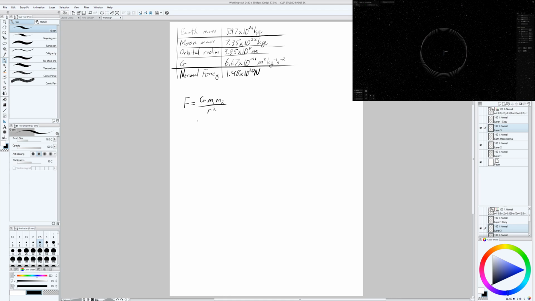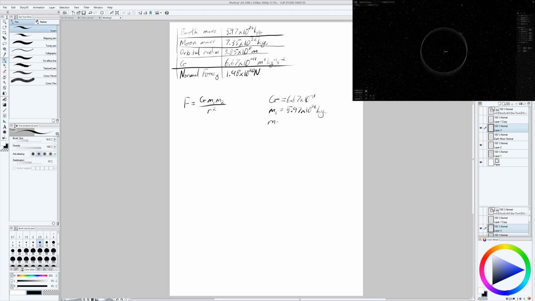So, let's write down what we know. So we know G from up above is equal to 6.67 times 10 to the negative 11. I'm not going to write all the units because it's up here and it's long and messy. Then we have mass 1. So we'll go with the Earth's mass as mass 1, which, as we can see above, is 5.97 times 10 to the 24 kilograms.